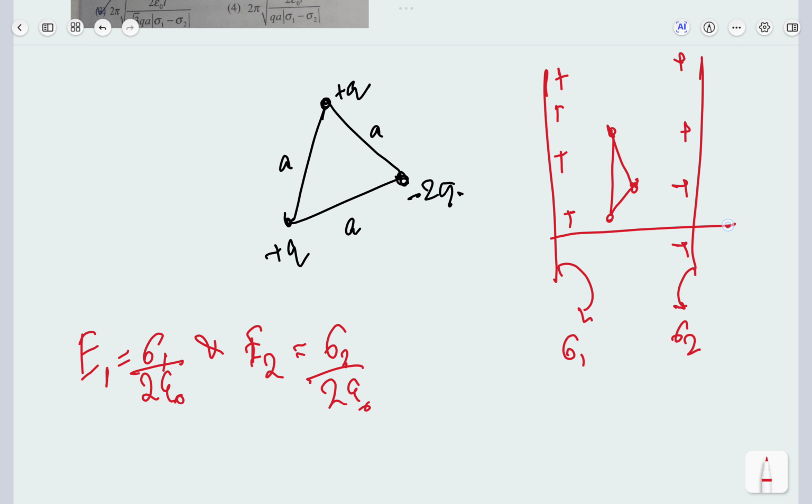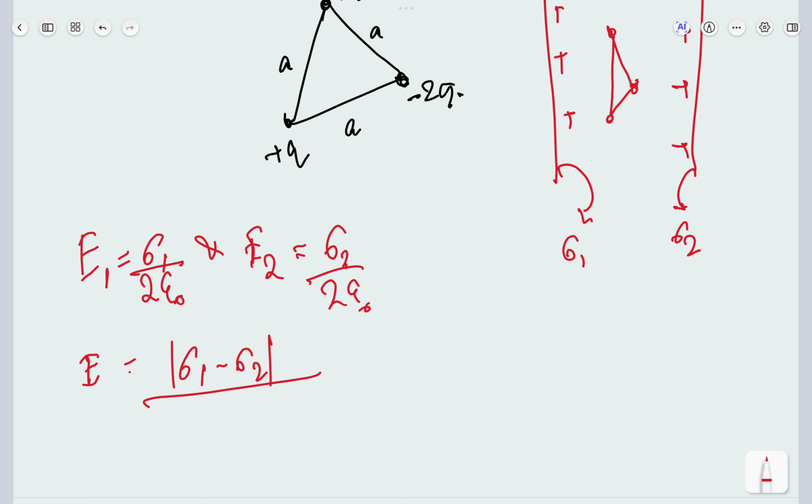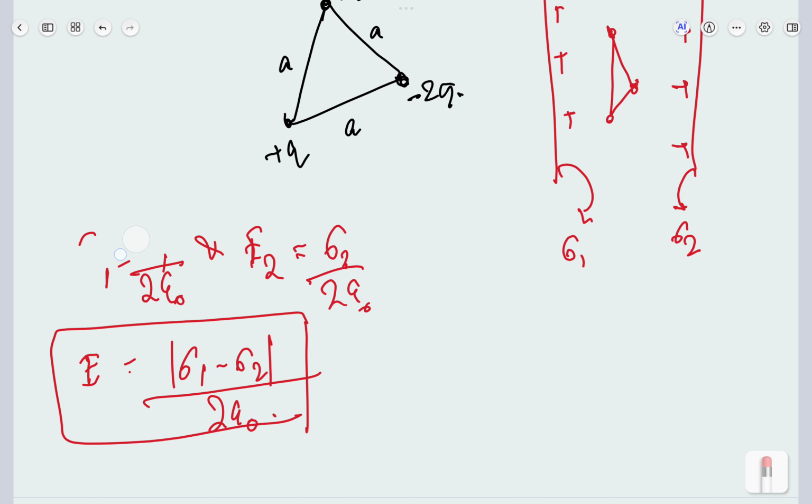This is the direction of E1, this would be E2. Taking the net electric field, you would have it towards either side. I have no idea which side is more, so that's why there is a mod in the options: mod of sigma 1 minus sigma 2 upon 2 epsilon naught. So this is the net electric field, right?